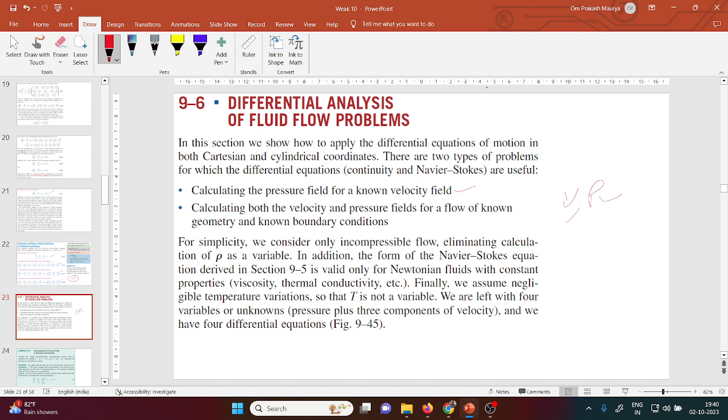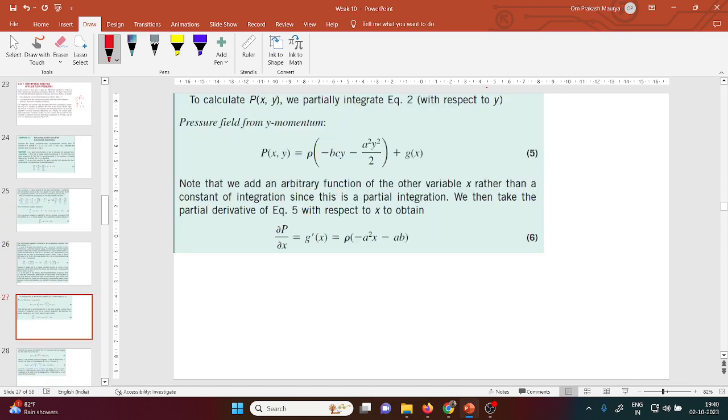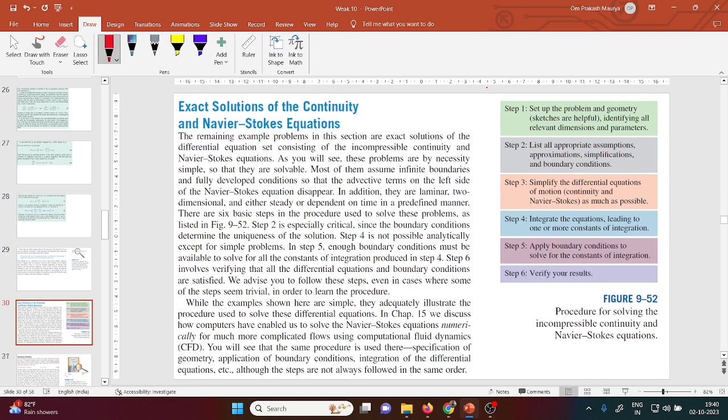And sometimes you calculate both velocity and pressure fields for a known geometry and boundary conditions. Boundary condition means what? I have some slides about the boundary condition, so let me discuss that.